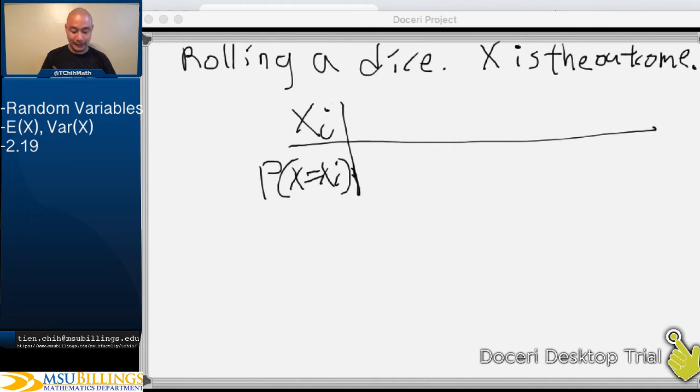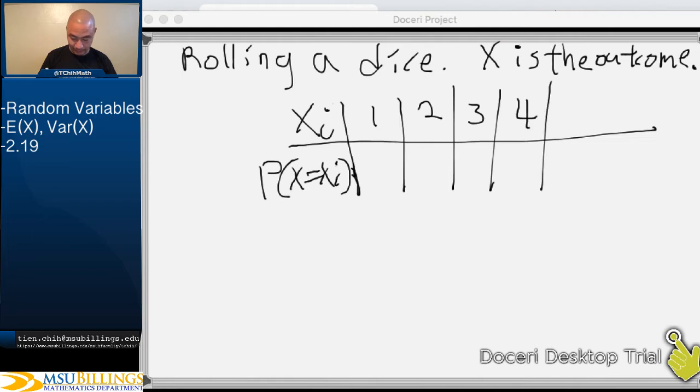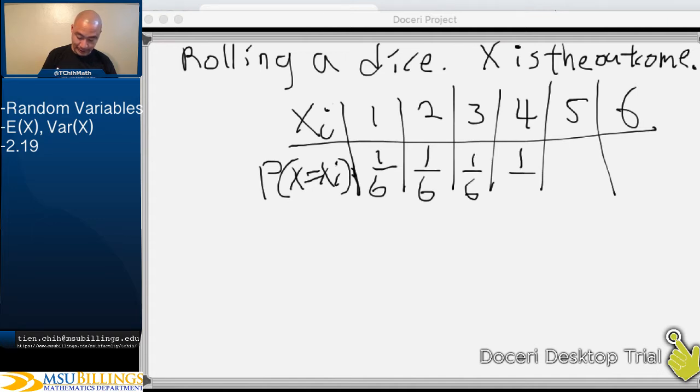The possible outcomes of a die roll are, of course, 1, 2, 3, 4, 5, 6, and the probability associated with each of these is, of course, 1/6, 1/6, 1/6, 1/6, 1/6, 1/6.